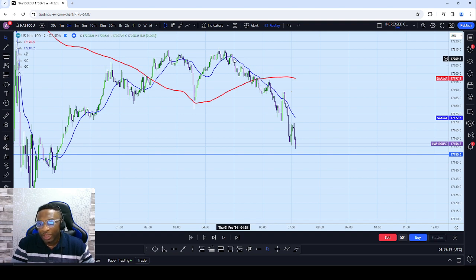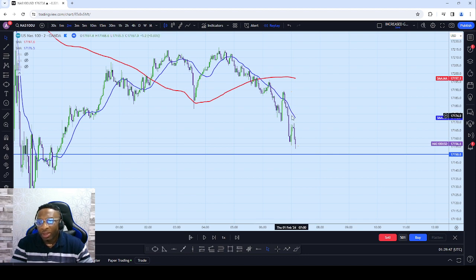Normally the 20 moving average is a zone, as I always say. It's not just a skinny line as we see here. With this zone area, price keeps testing to cross above it. It tried several times. It could not succeed to cross and hold above it.